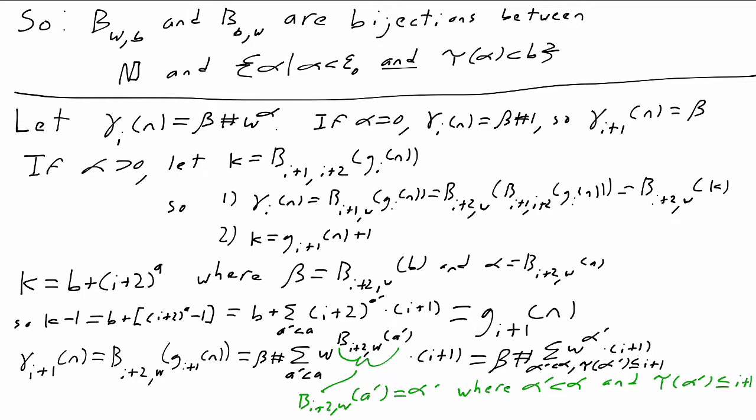So tau tells us exactly which ordinals appear in γ_{i+1}(n), and that's going to let us figure out how big γ_{i+1}(n) is.